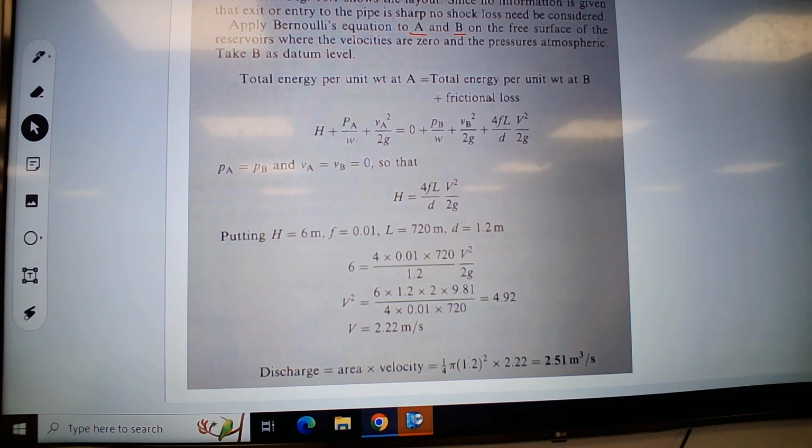So if this is reservoir 1, and there is another reservoir here, and the water is transmitting like that, the velocity at the surface is going to be 0. The pressure there is the atmospheric pressure exerted by the atmosphere. So let's have a look.